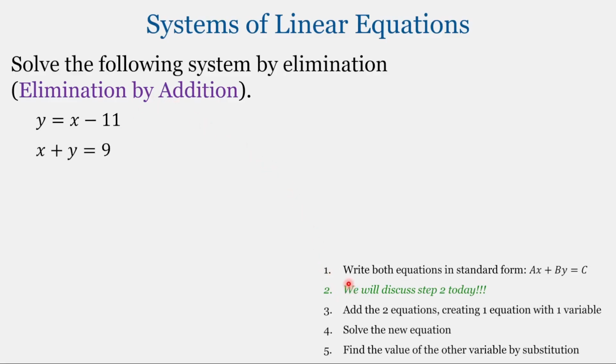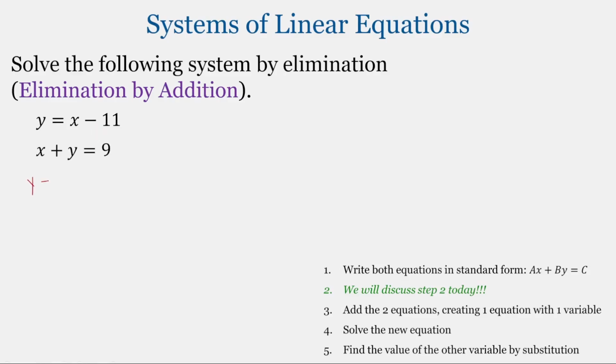The first step to solve this system of equations using elimination is to write both equations in standard form. The second equation is in standard form, but the first equation is not. So let's rewrite y equal to x minus 11 in standard form.